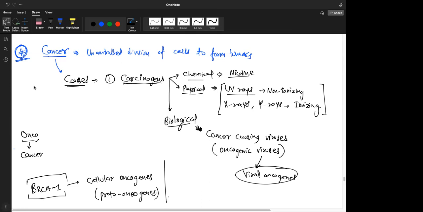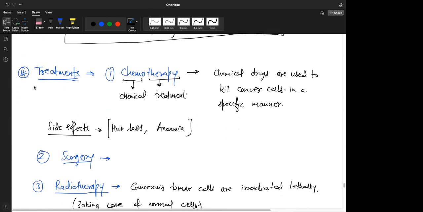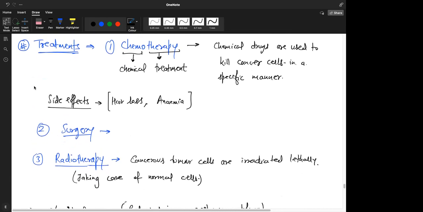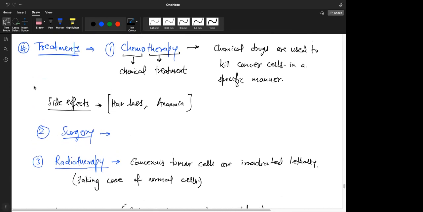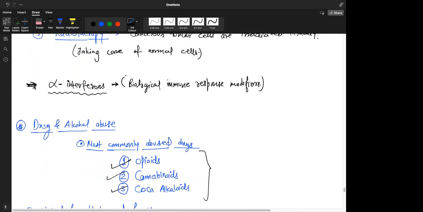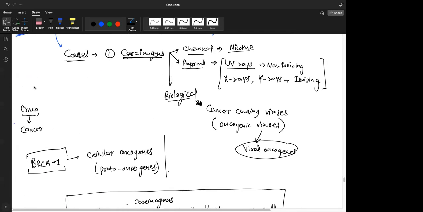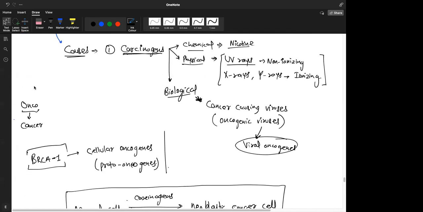Then for detection, we did biopsy, histopathology, CT scan, and MRI. Then we did causes. There are three causes: chemical carcinogens, physical carcinogens, and biological carcinogens.